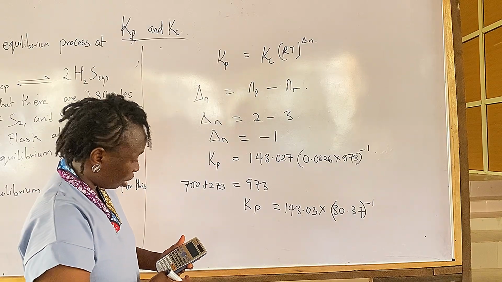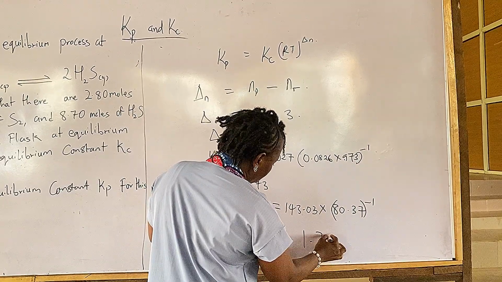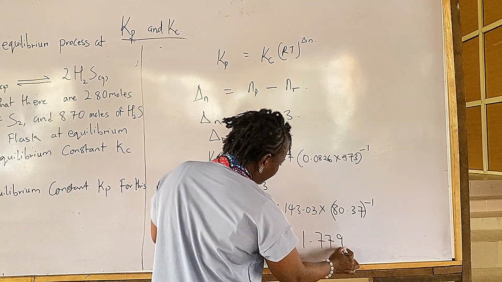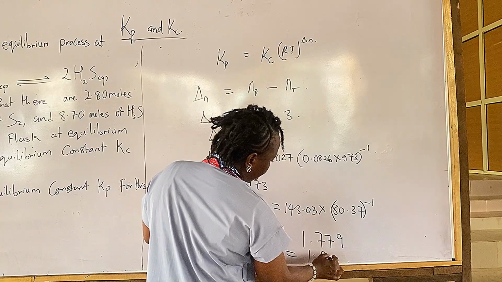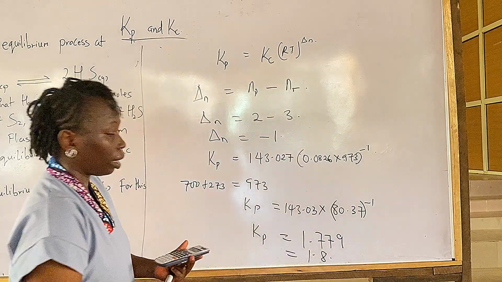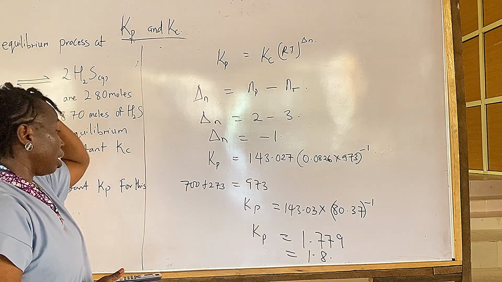The inverse is 1.779, which is approximately 1.8. So Kp and Kc do not have a unit, because it's a constant. So Kp is 1.8, Kc is 143.03.